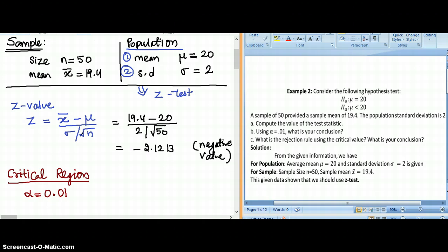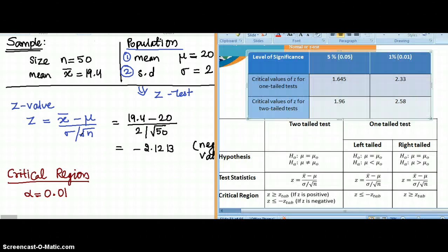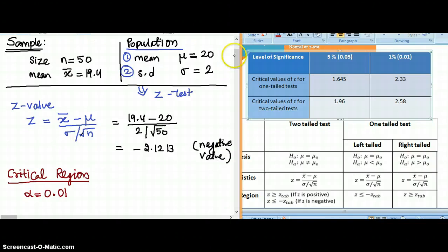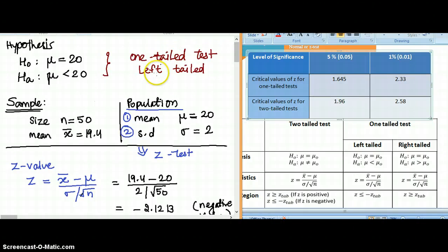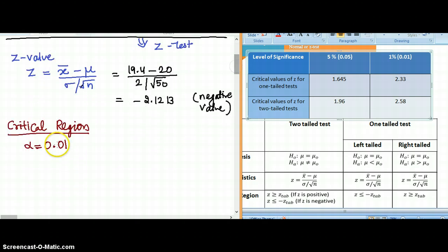Now from the table, we notice that this is a one-tail test, that is, left tail. So for a one-tail test with alpha 0.01, the z value from the table is 2.33.